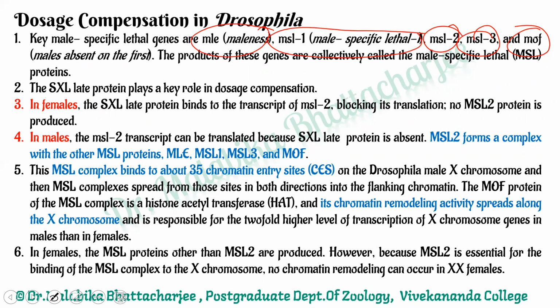So these proteins form a complex of MSL proteins: MSL2, MLE, that is maleless, MSL1, MSL3, and MOF. Now this 5 protein complex can recognize a site on the X chromosome, which is known as the chromatin entry site. So they recognize a site on the Drosophila male X chromosome, and they bind to that site.